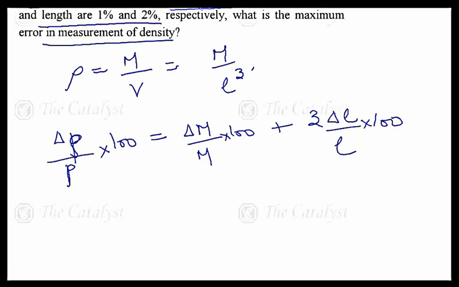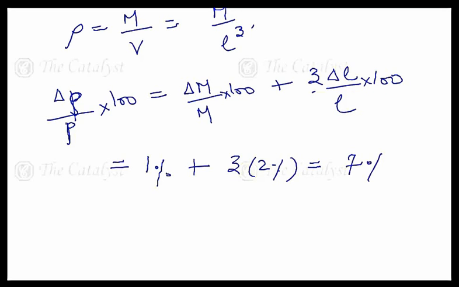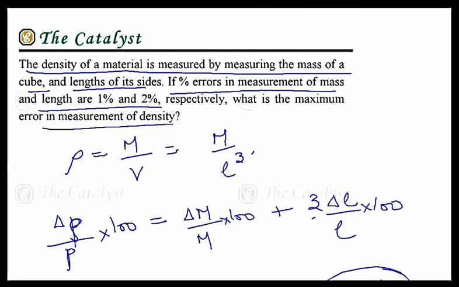The exponent 3 becomes the coefficient of error, right? Now how much is the error in m? M has got 1% error, right? And L has got 2%. So 3 times 2%. That means the maximum error in the density can be 7%, right?